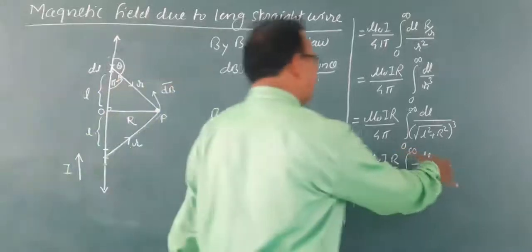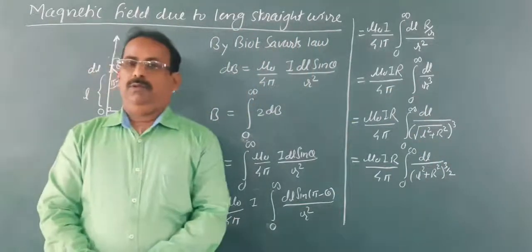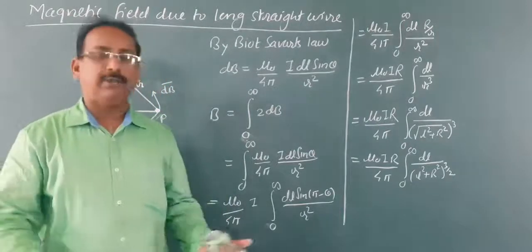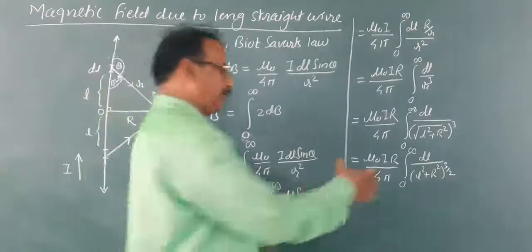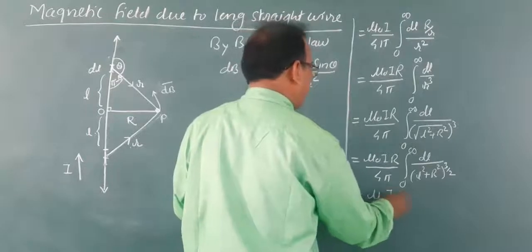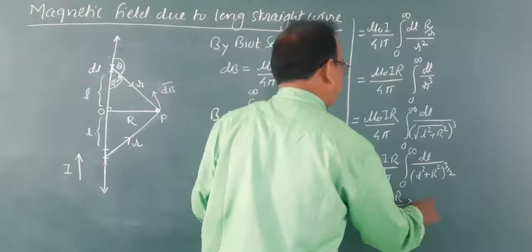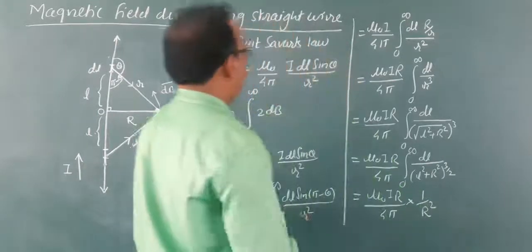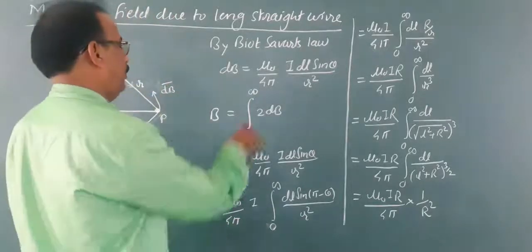If we solve this integration by using the substitution l equal to R tan theta, the value of this integration comes out equal to 1 upon R square. There is a 2 here.